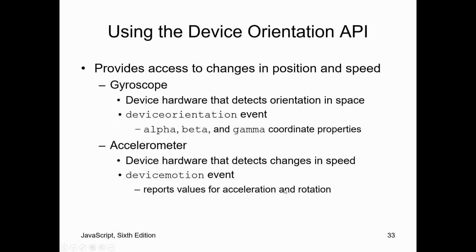Device orientation, I already talked about with you. We're talking about access to position, horizontal, vertical, how does it move, speed, etc. You've got both a gyroscope and an accelerometer.